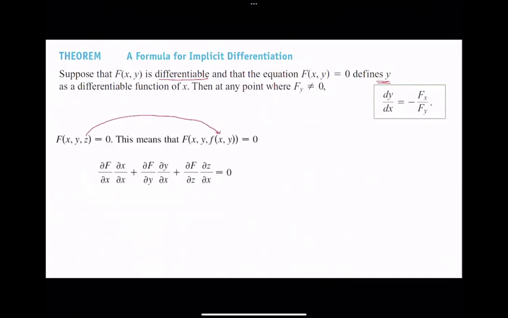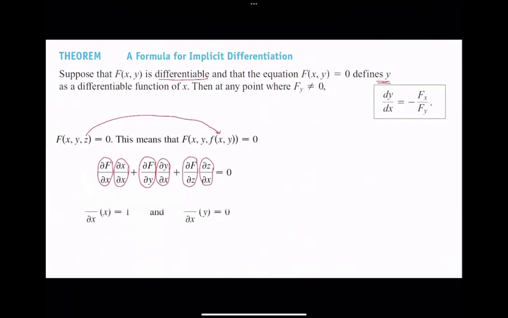So if you were to take the derivative, you have the partial derivative of f with respect to x times the partial derivative of x with respect to x, plus partial derivative of f with respect to y times the partial derivative of y with respect to x, plus partial derivative of f with respect to z times partial derivative of z with respect to x.